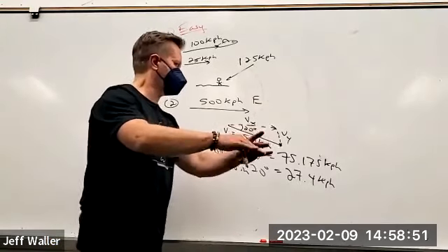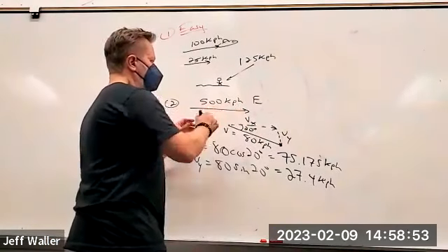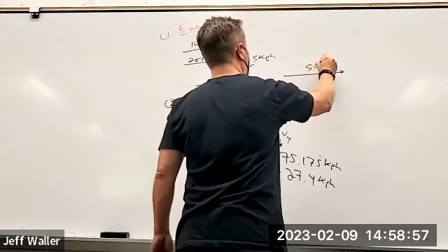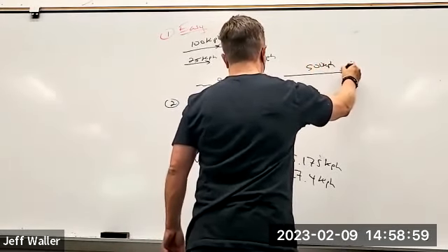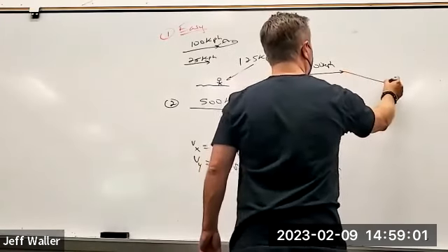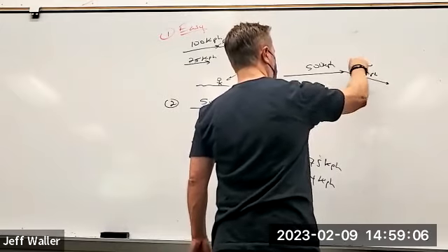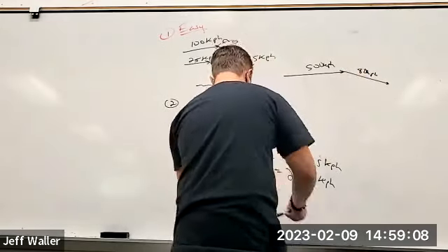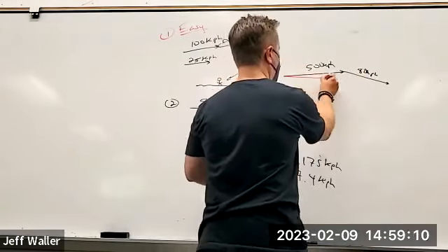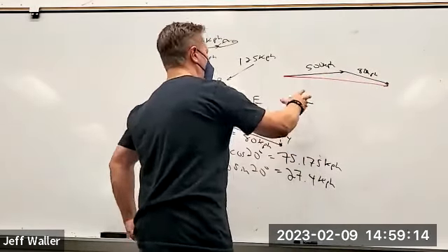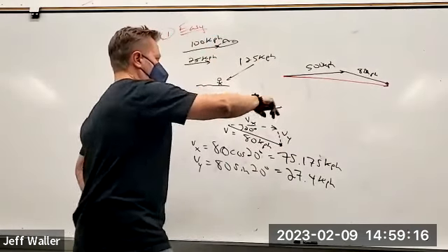So here's how this works. Here's the plane flying 500 kilometers an hour, and then I put the wind at 80 kilometers per hour at a 20-degree angle. I want to know what this resultant is.